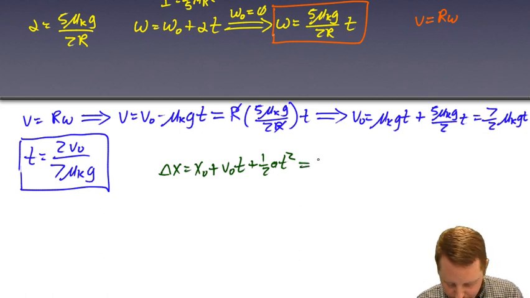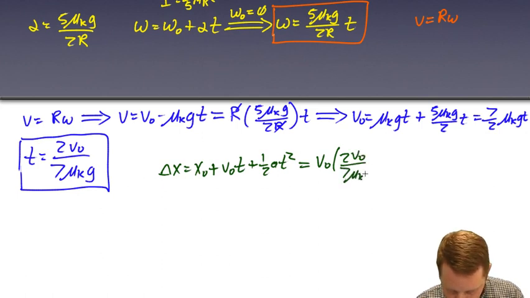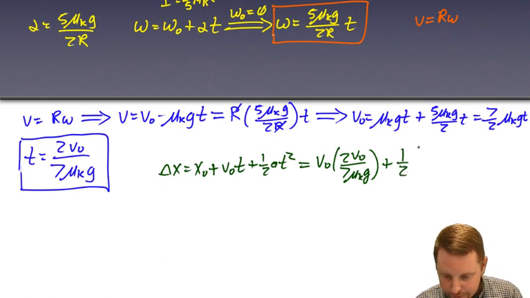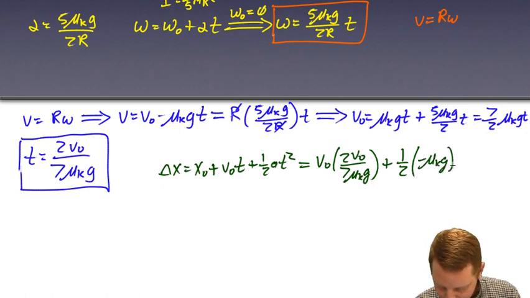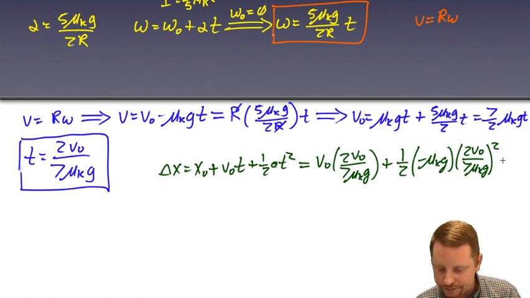So that's going to be equal to v0 times t, 2v0 over 7 mu k g, plus 1/2 times our a. Again, we said that our a was minus mu k g, times t squared, which is going to be 2v0 over 7 mu k g, squared. All right, looks like we've got some algebra to do, but we know how to do algebra.